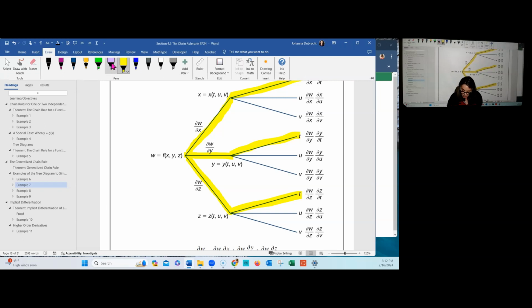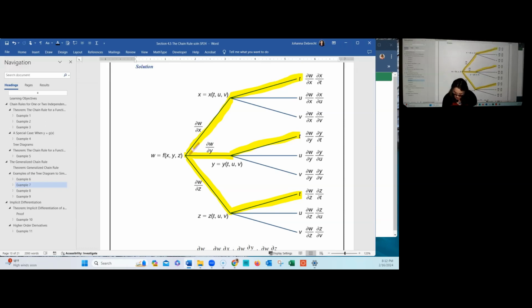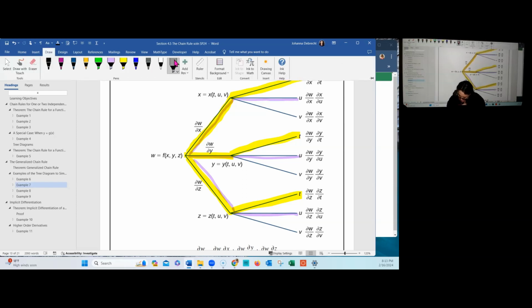In order to find all the ones that lead to a U, this will give us the partial of W with respect to U. Follow the purple paths to get to the leaves that end in a U. Multiply together the partials along each path, then add all of them up, and that will give you the partial of W with respect to U. Our last branching is going to be done in gray.